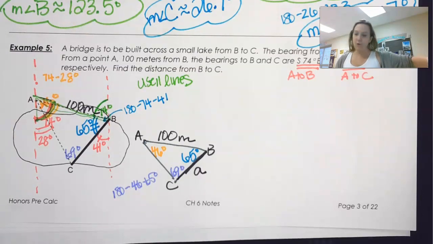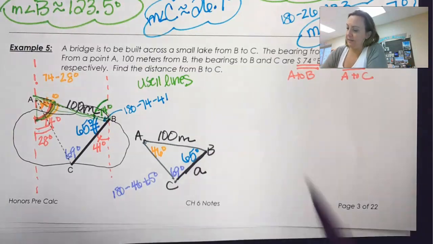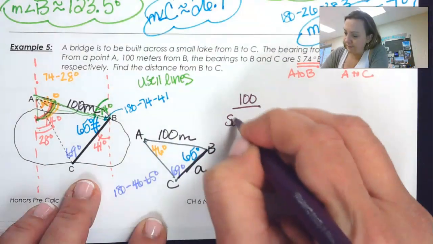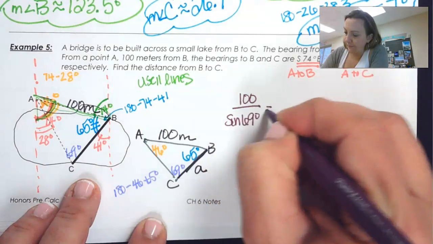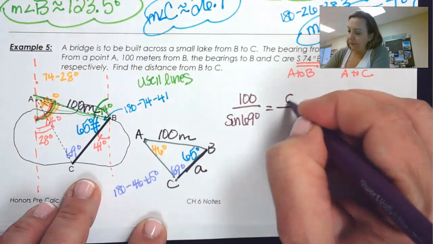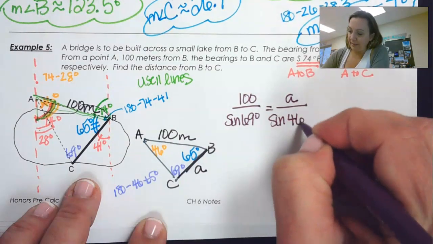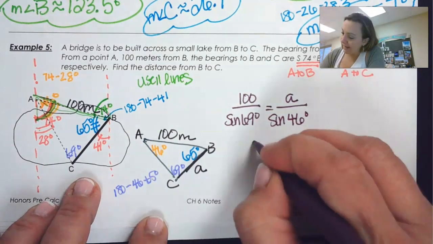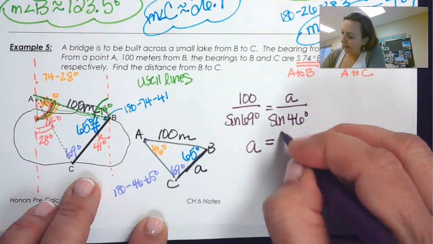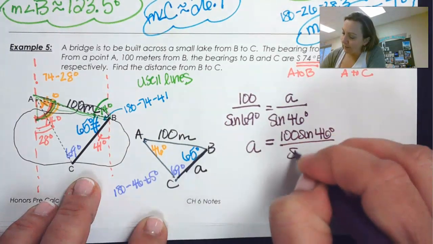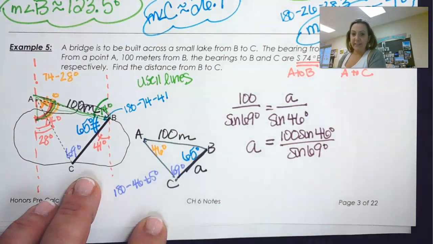Okay, so I will take 100 over the sine of 69 degrees equals, I'm looking for A, and then that would be over the sine of 46 degrees. So I know that A is 100 times the sine of 46 degrees over the sine of 69 degrees.